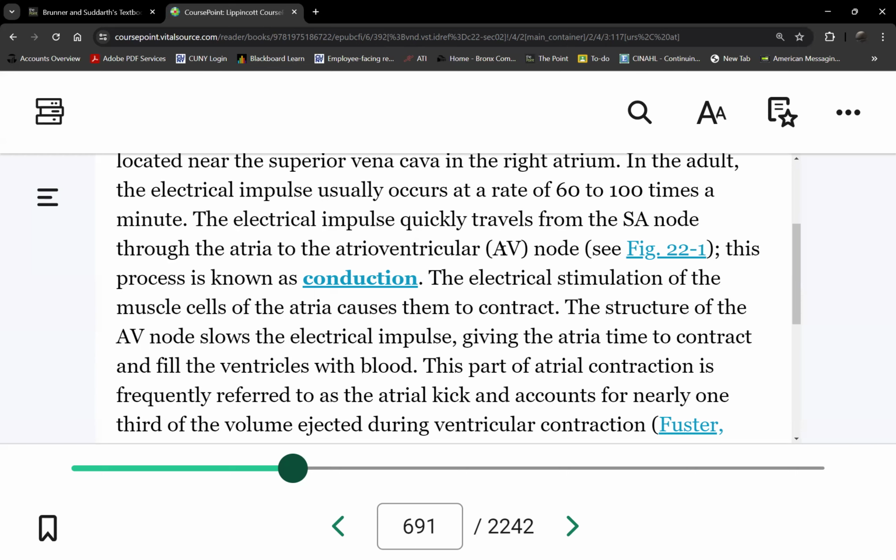However, since it's a secondary pacemaker, it's only capable of firing 40 to 60 beats a minute. It can sustain life, but can we depend on 40 to 60 beats per minute? No, that's not really compatible with life, right? So it's only a backup. It's only a secondary pacemaker.